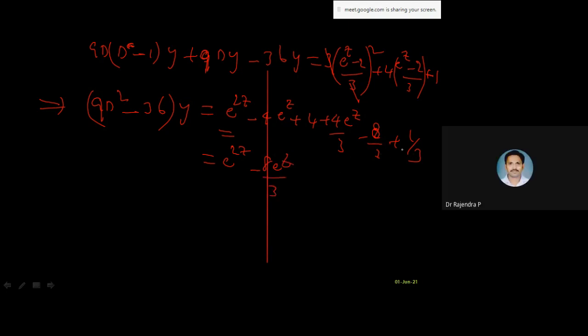Here, if you take LCM for these two, what is this value? We got 8 by 3 here, and this plus 4 is there. So 5 by 3, sir. Is it 5? Minus 8 plus 1... 12, 13, 5 by 3.